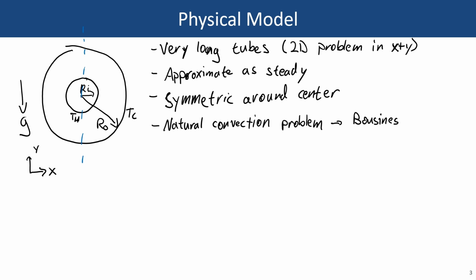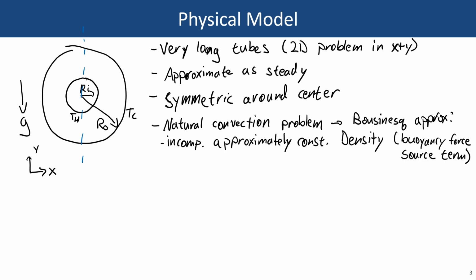When we do that, this is essentially treated as an incompressible, constant density flow with a source term that just represents the force due to buoyancy. We don't know, strictly speaking, whether this is going to be a laminar or turbulent flow.